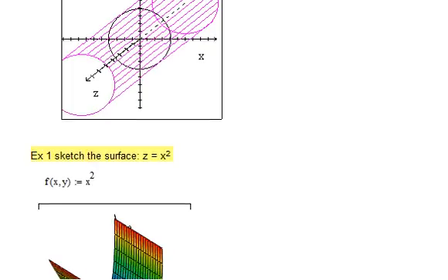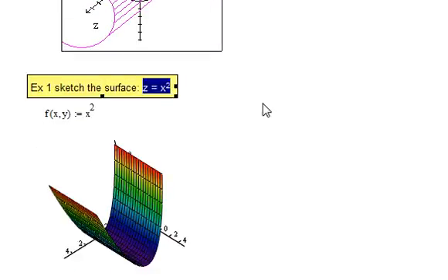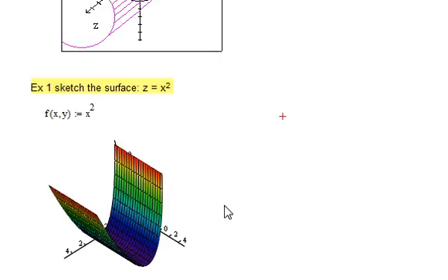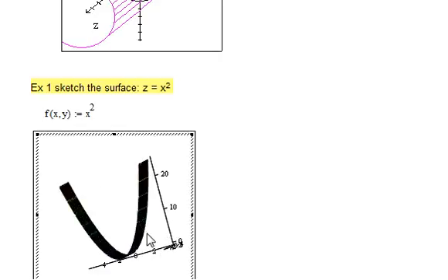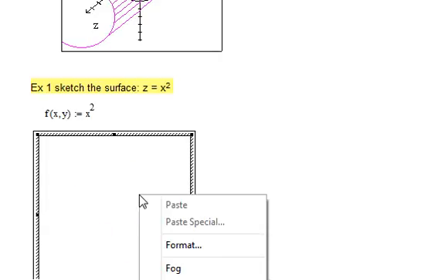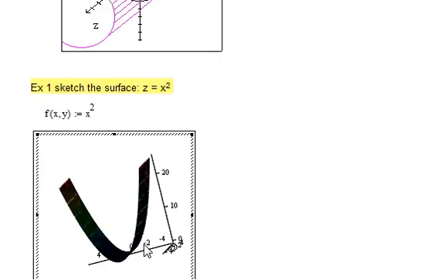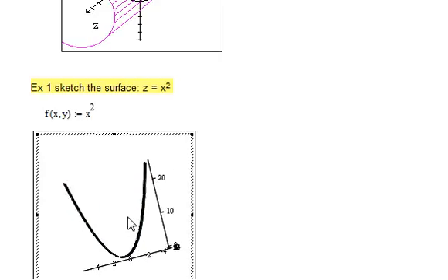So let's see if we can do one. Here's a surface, z equals x squared. So f of x, y equals x squared, and you sort of knew what it would be, because if you only had two variables, which is not the case, it would be a parabola, like that.